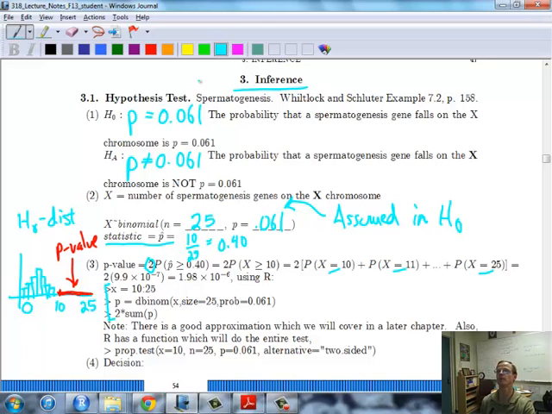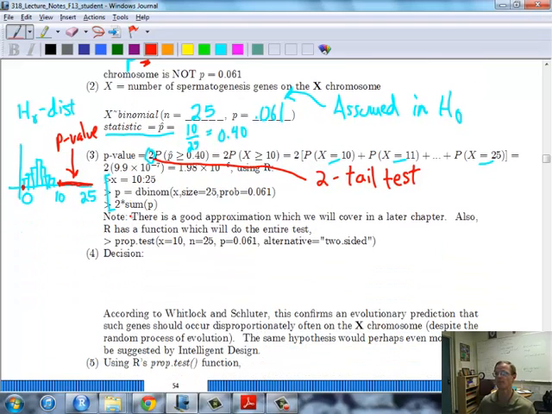So where does this 2 come in? It's called a two-tailed test. And it's allowing that we may be less than 0.061 or greater than 0.061. So we're going to consider this little region right here as well. And we estimate that by simply doubling one side. That's the technique the book says to do. And so that's what we're going to follow.